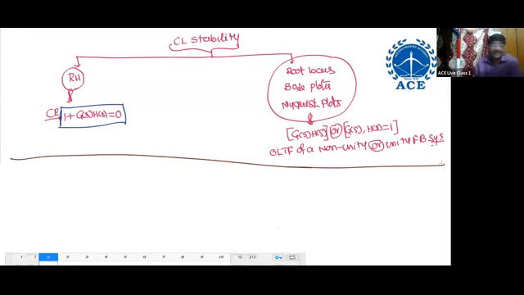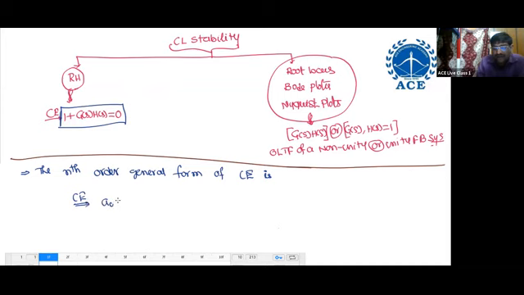Next, listen. The nth order general form of characteristic equation is: A naught S power n, plus A1 S power n minus 1, plus A2 S power n minus 2, and so on, plus A n minus 1 S power 1, plus A n S power 0 equal to 0.